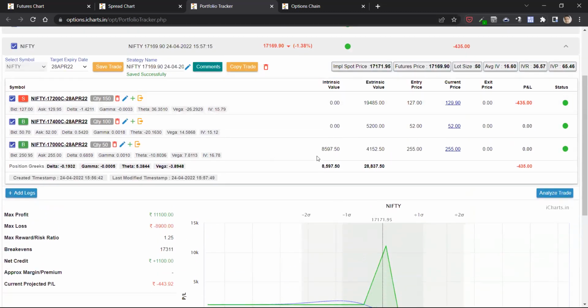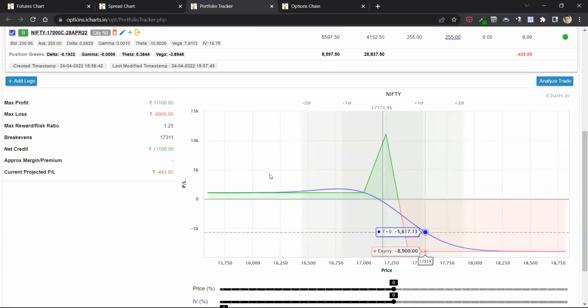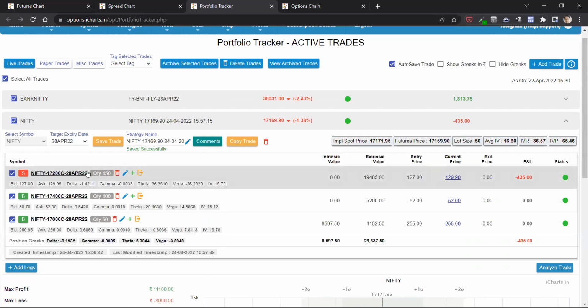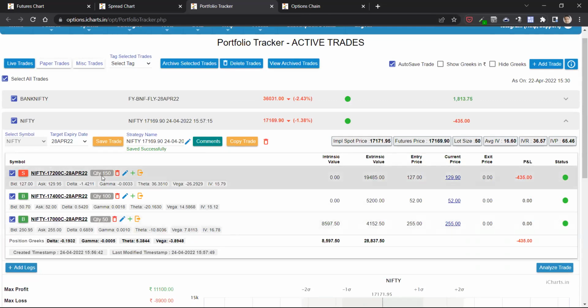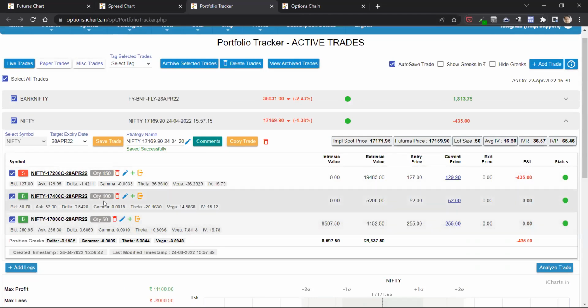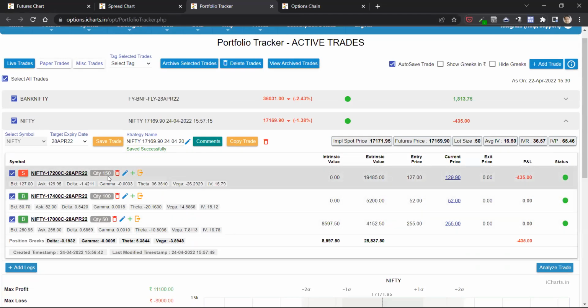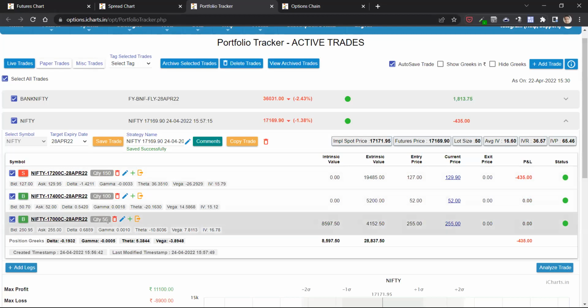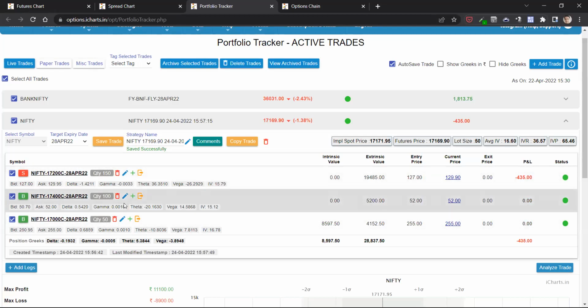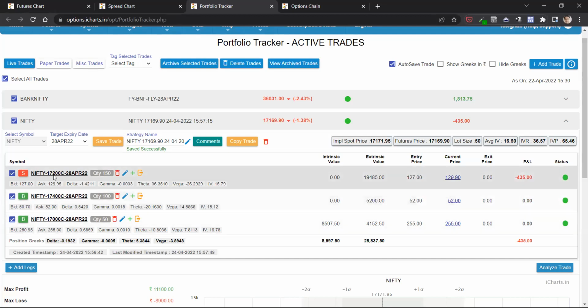So the direction, and if the direction was up, then what I would do, instead of making this 2, I would make this 2 lots or multiple of 2 lots, and this a single lot. So 2:3:1 in this case for downside.